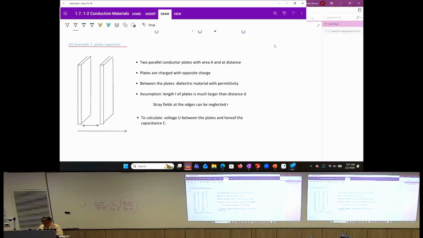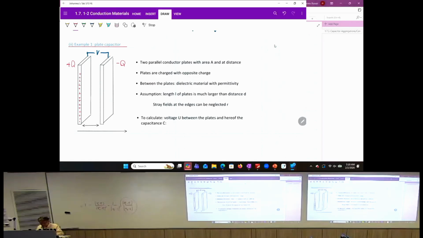This is an example of a plate capacitor. Two parallel plates you have, and they have a total area of A, and you now put some voltage there. You connect it here to some voltage source with some wires, and then as a consequence, some charge will flow onto these plates. Here we have set it up that plus charges are accumulating to the left.